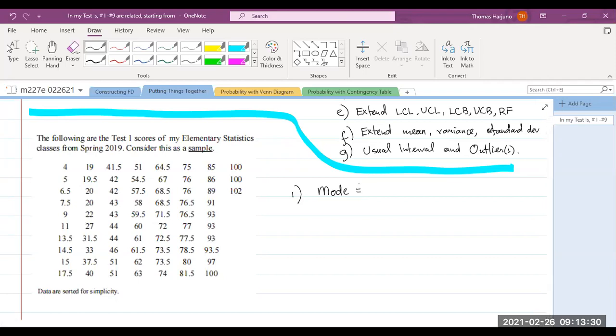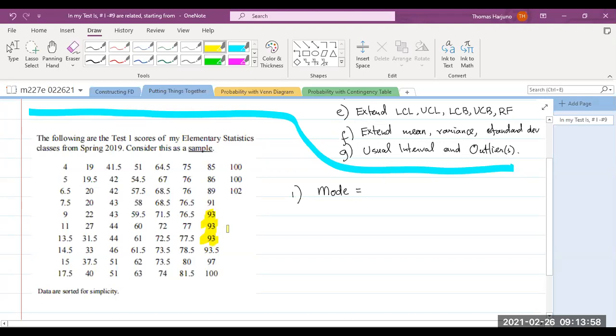What is the most frequent data here? There are a lot of numbers that happen twice, but is there any number that happens 3 times? Only 93 happened 3 times, right?